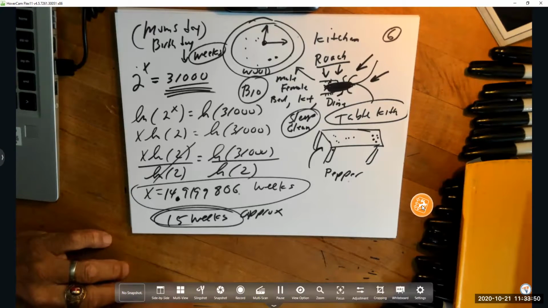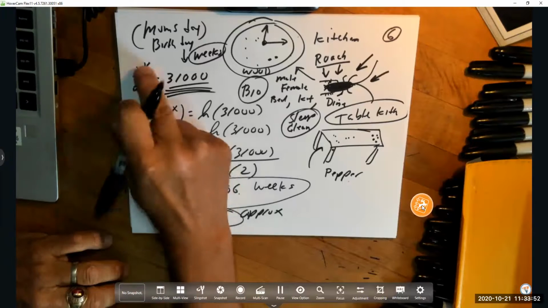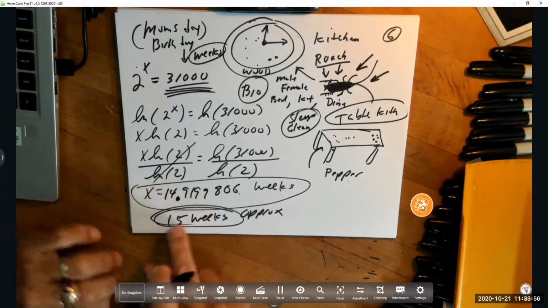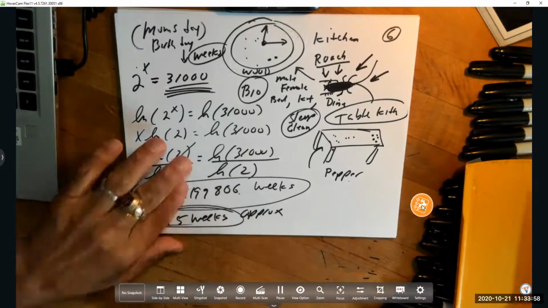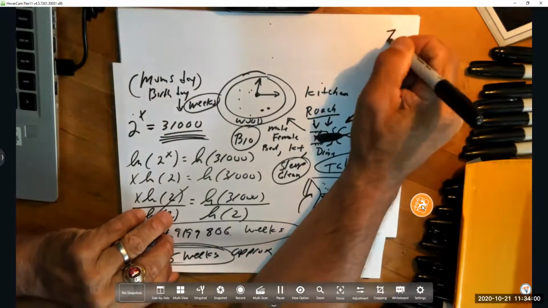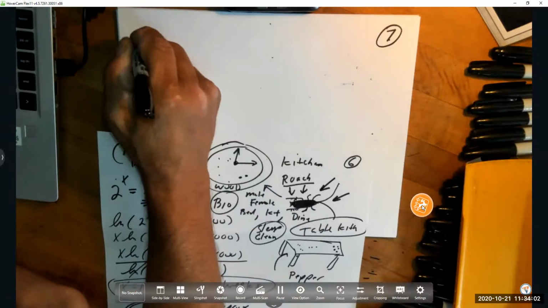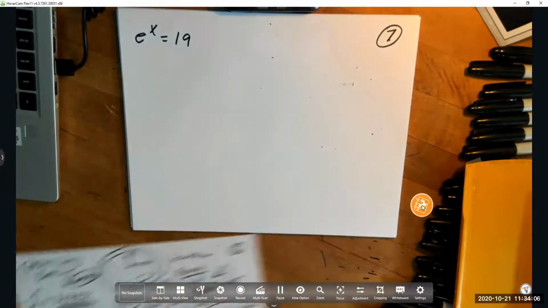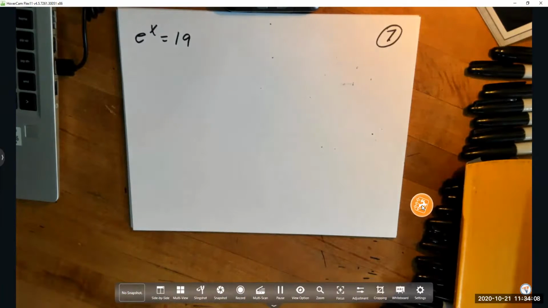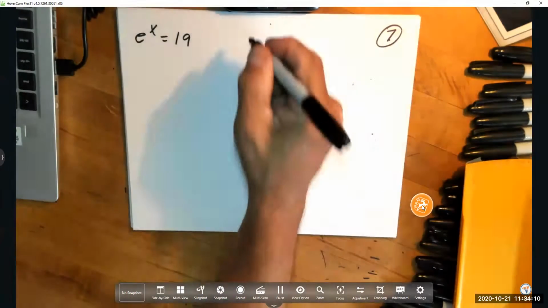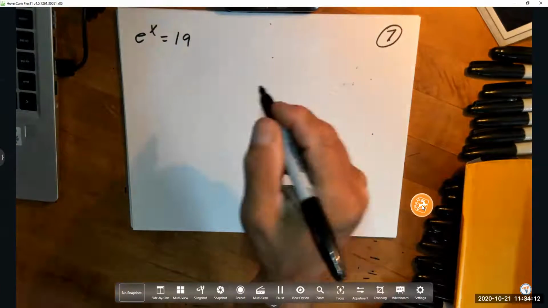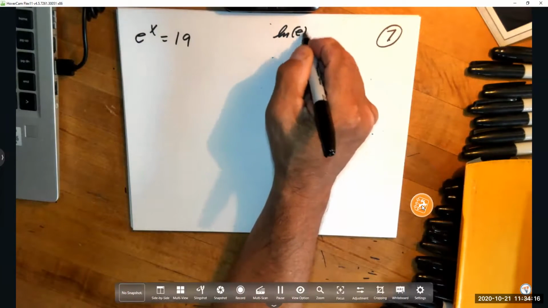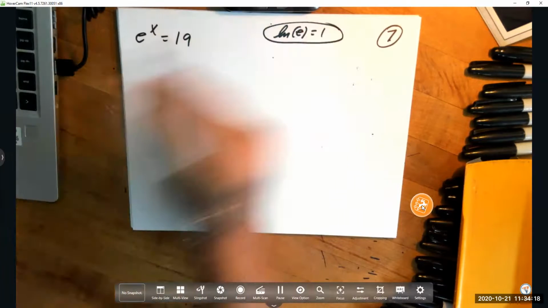All right, so 2 to the x equals 31,000 after 14.99 or 15 weeks. That's close enough. Now I'm going to do a different kind. Ready? Number 7. I'm going to say e to the x equals 19. The formula that I gave you today, the new one, is this one: ln of e equals 1.